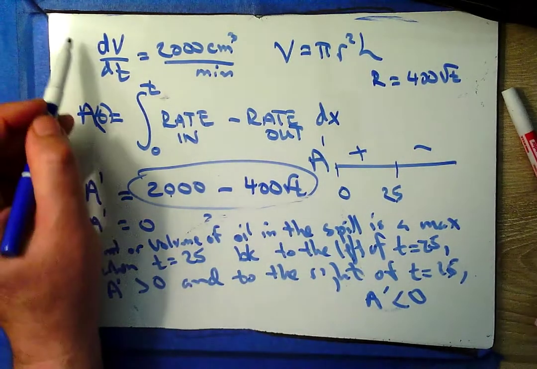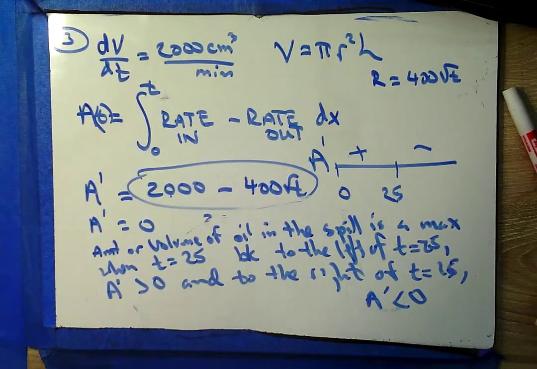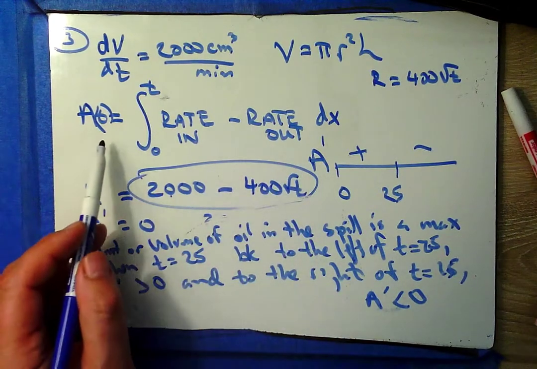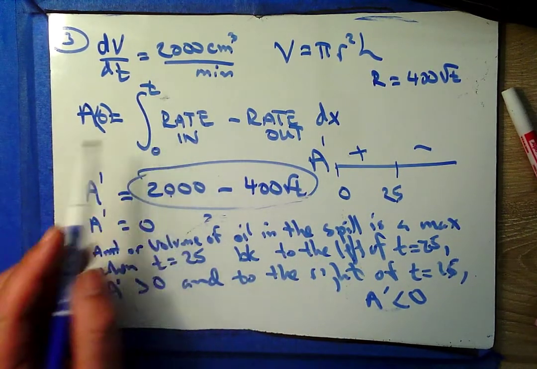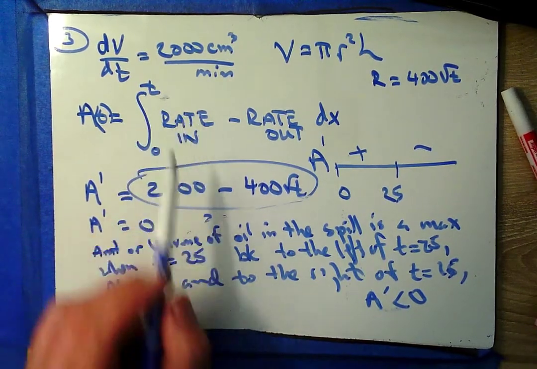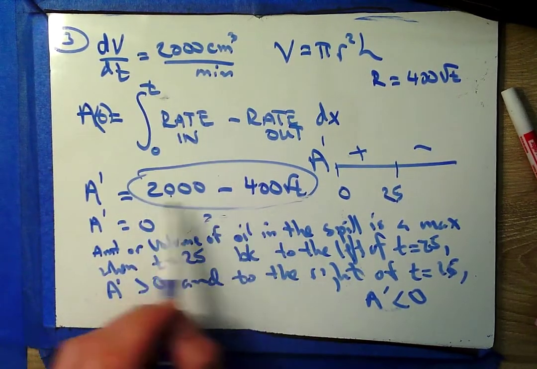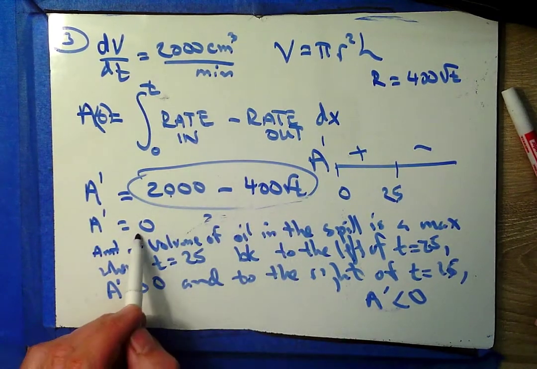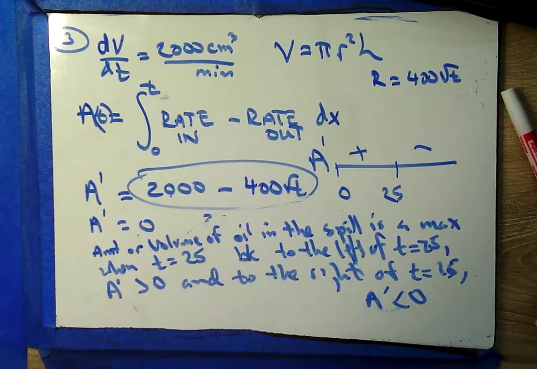Okay, there's problem number 3. A lot of words and not so bad. I just had to integrate rate in minus rate out, and then to find when that amount was greatest, I took the derivative. The derivative of this integral made for a very convenient algebraic expression, which I then set equal to 0 to find a critical point.